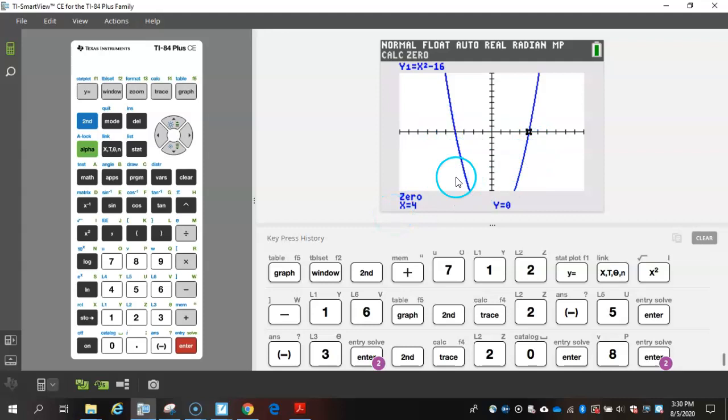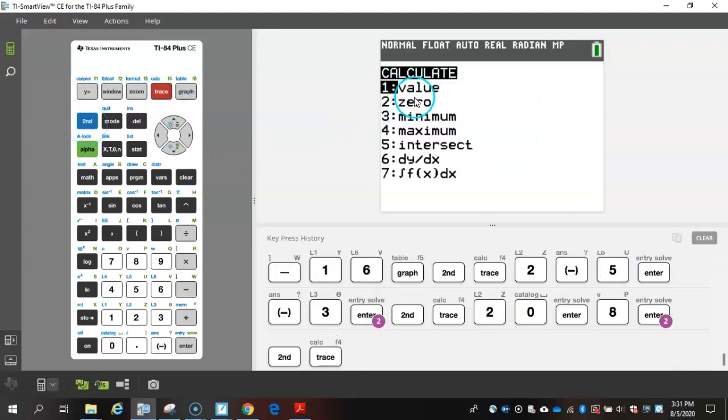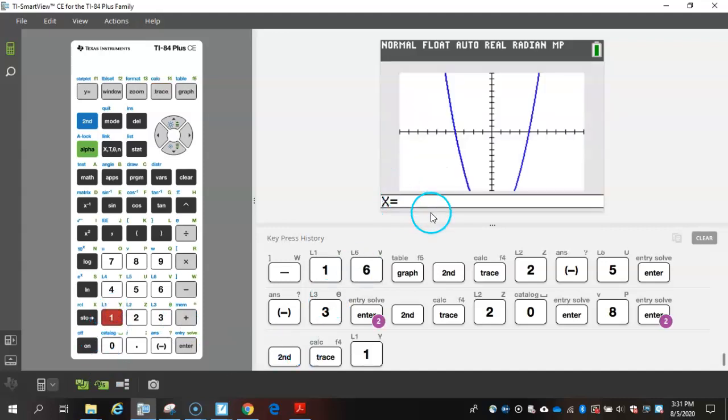Now, here I can't see my y-intercept, so you have a couple different options. You can zoom out, you can change the window, or you can do what it says on the notes, which is go back to second trace, go to value, and you see a screen that says x equals.